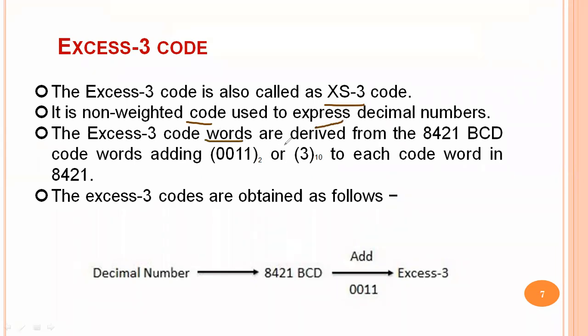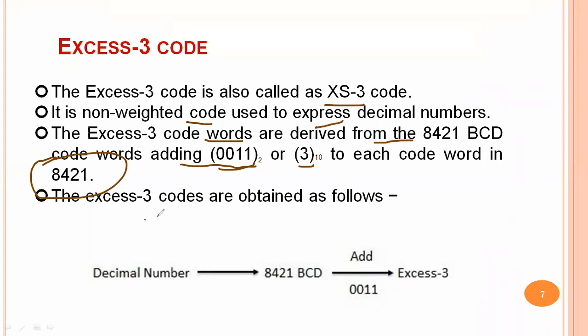XS3 code words are derived from the 8421 BCD code words by adding 0011 or 3 to each code word in 8421. So basically that will be implemented over the weighted codes, because we convert the number into 8421, and we will add 0011 to this, and that will be converted.